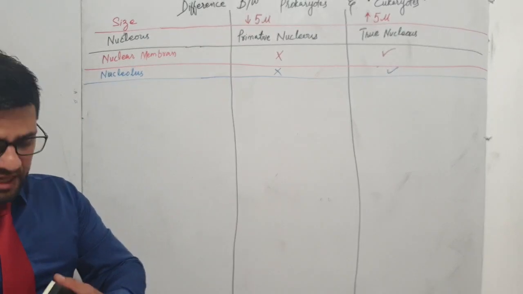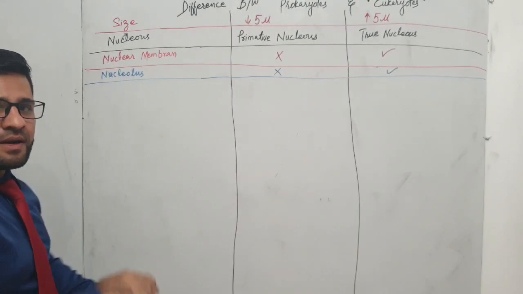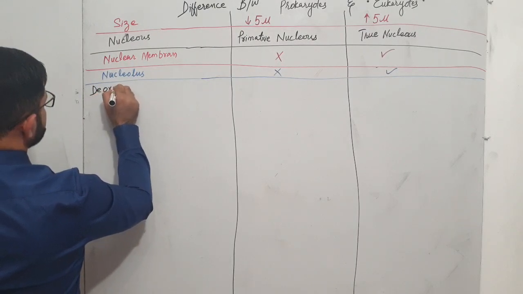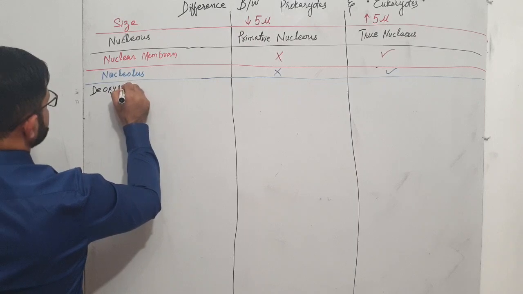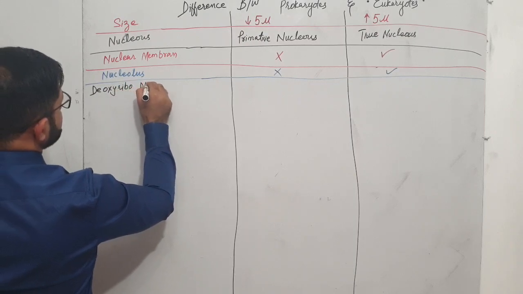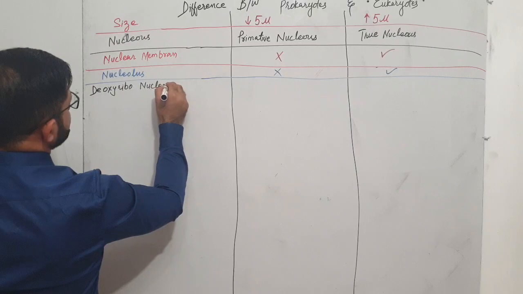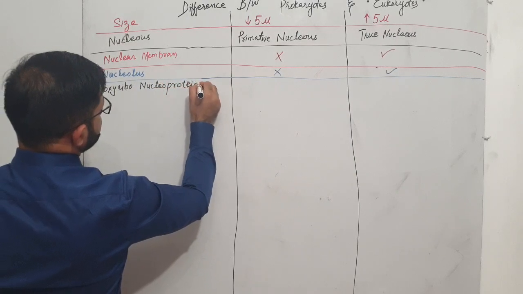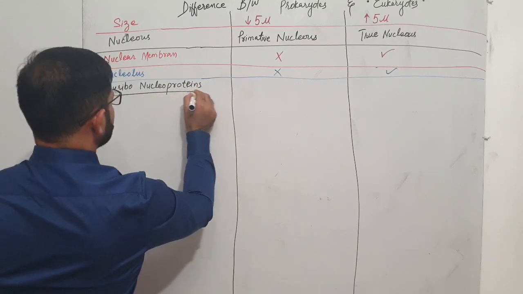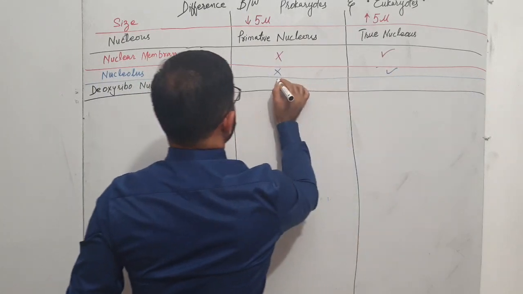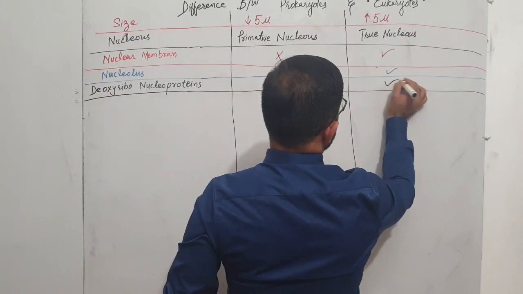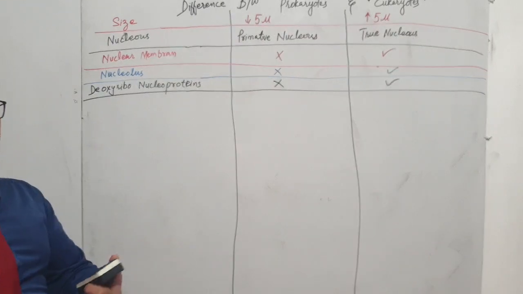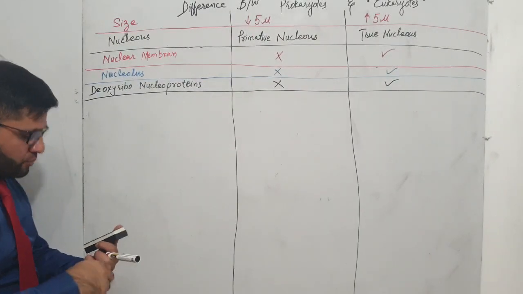Now, deoxyribonucleoprotein. The deoxyribonucleoprotein is absent in the prokaryotic cells while it is present in the eukaryotic cells. Clear?